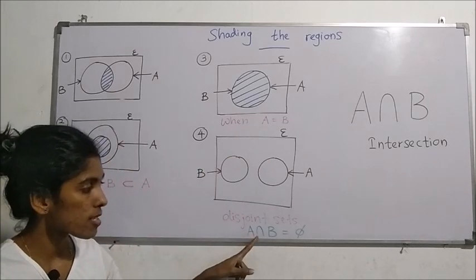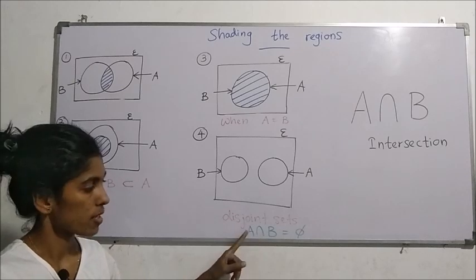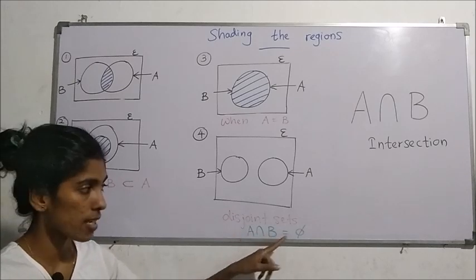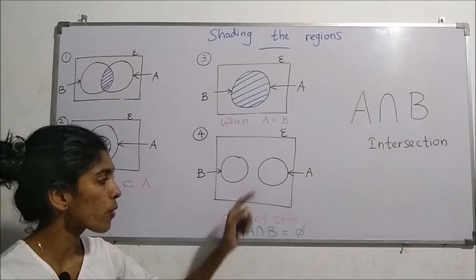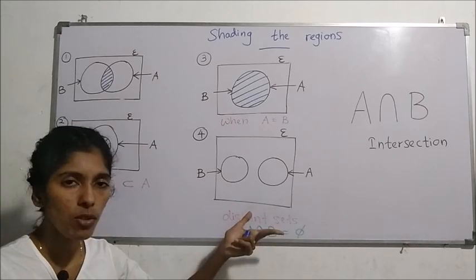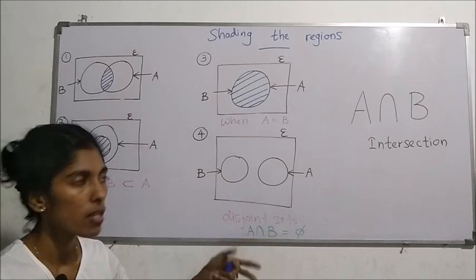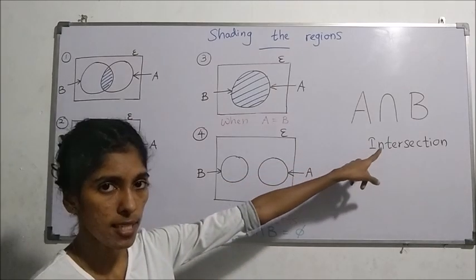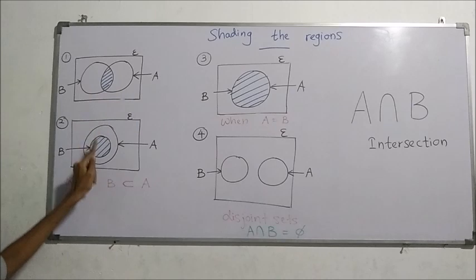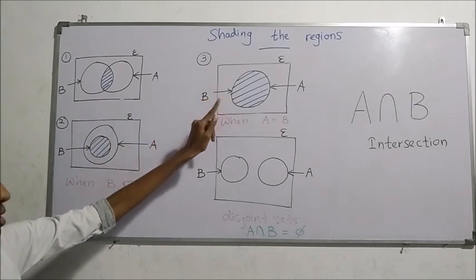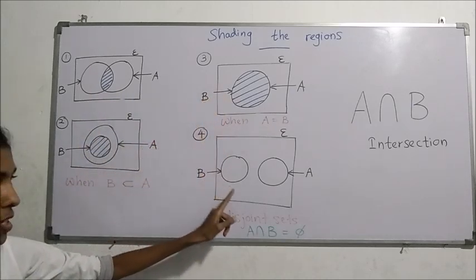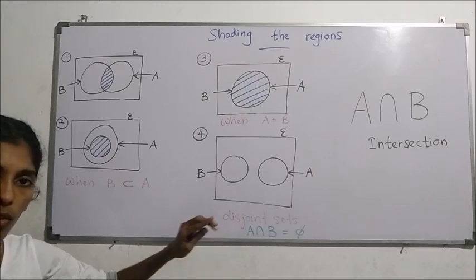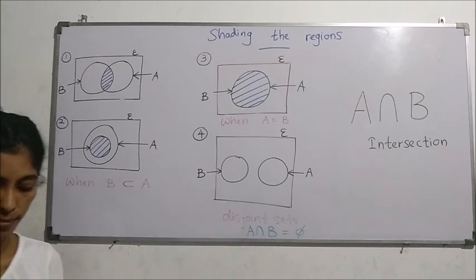That means the intersection of A and B is a null set. No elements are there, so nothing to shade there. Okay, so remember these four situations under intersection, common regions. I have shaded the common regions according to the sets given here. Here in the disjoint set, there is no common region.